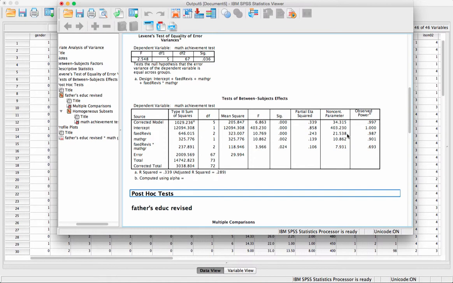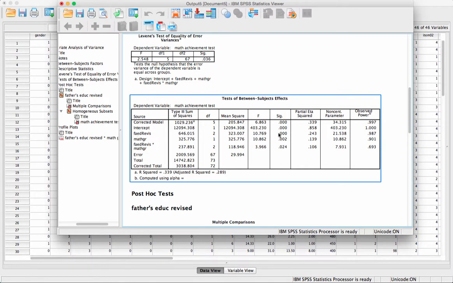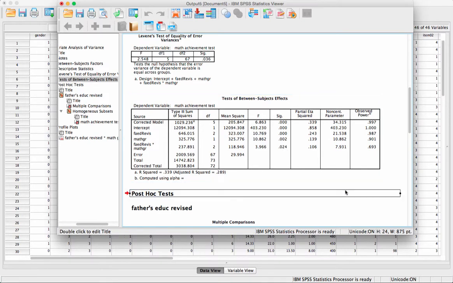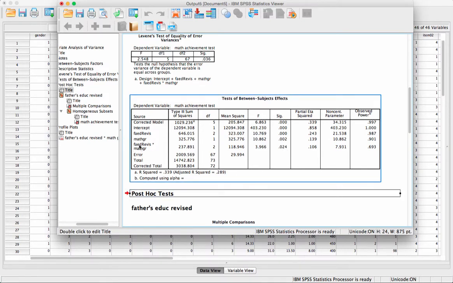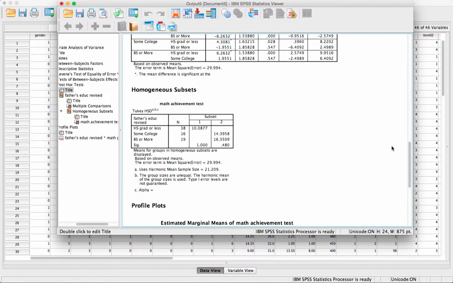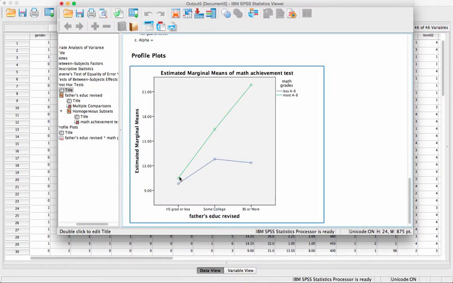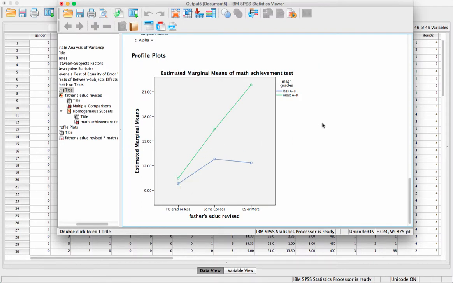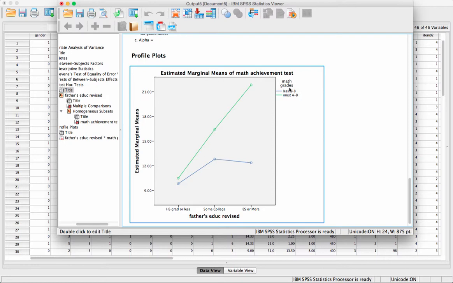All we know is that the father's education levels differ regardless of math grade. Math grades differ regardless of father's education level, but then the complicating factor is that we have an interaction effect. And what that means is that we have math achievement means differing between students who earn less than A or B in math and mostly A's and B's.